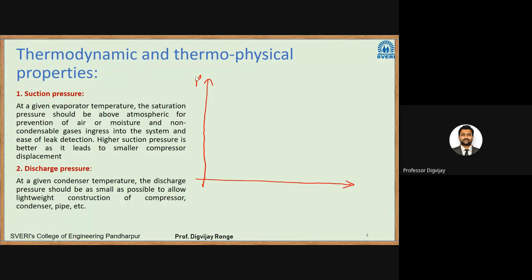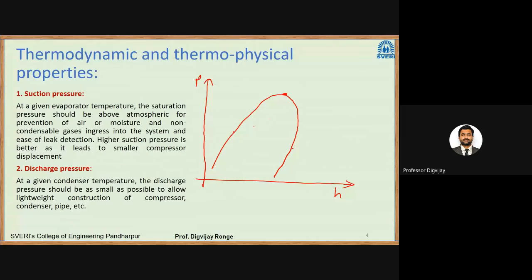So we have pressure versus enthalpy charts that we have studied previously. We have the saturation liquid curve, saturation vapor curve, and then somewhere here the critical point. In the last lecture also, I told you that a refrigerant should have a high critical point and a low freezing point.